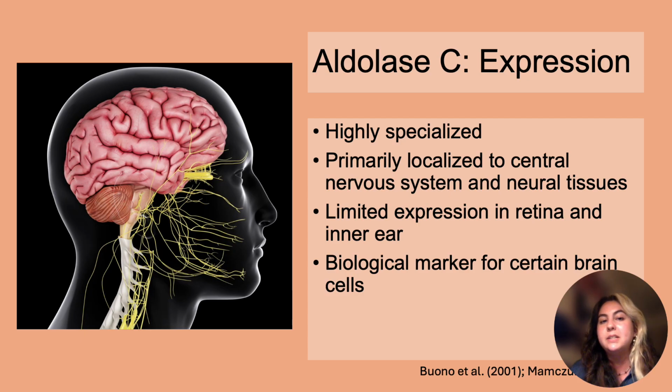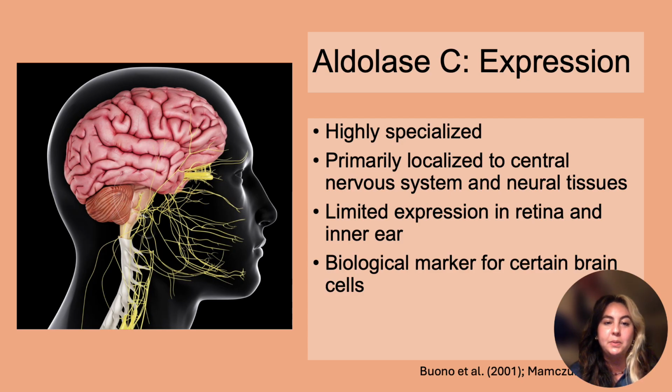Because it's highly concentrated in very specific regions, it can be used as a biomarker for certain brain cells. Researchers and pathologists use aldolase C as an indicator to map different cerebral compartmentalization and to identify astrocytes. A special thing to note is that aldolase C is not going to be uniform throughout the brain.